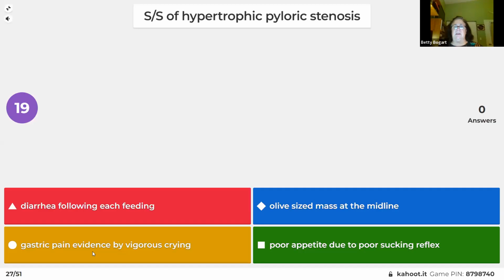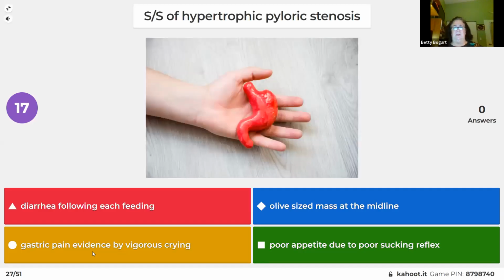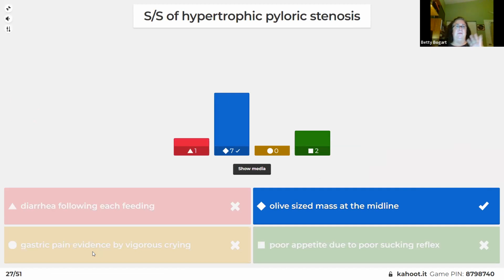Hypertrophic pyloric stenosis. Signs and symptoms, what do you see? So remember that pyloric stenosis is a valve. It becomes hypertrophic, thickened muscle, and you feel that little olive right at the midline or a little bit to the right. And that's one of the things.